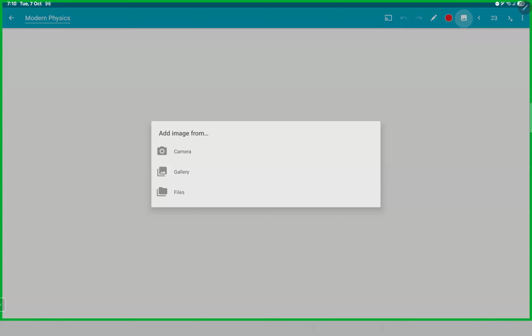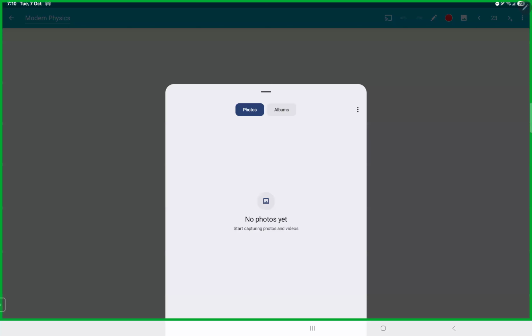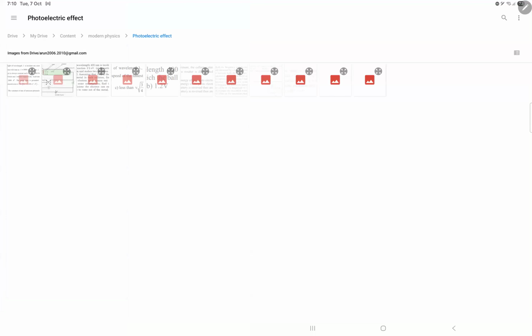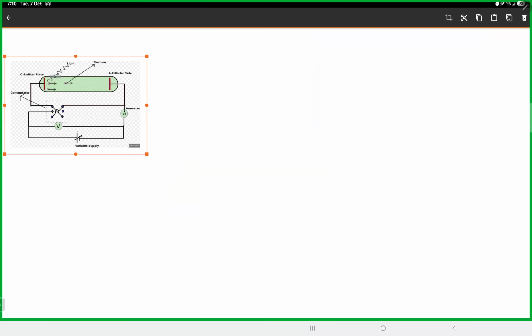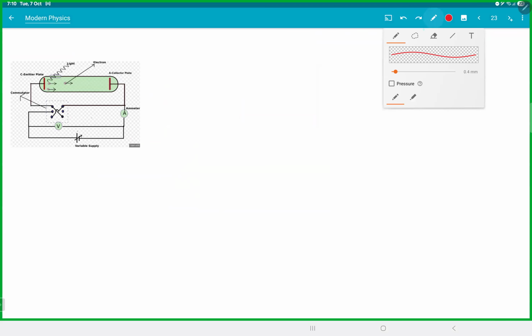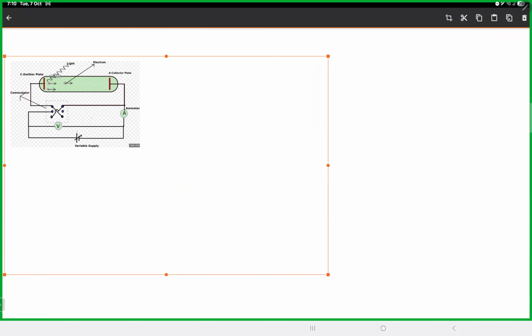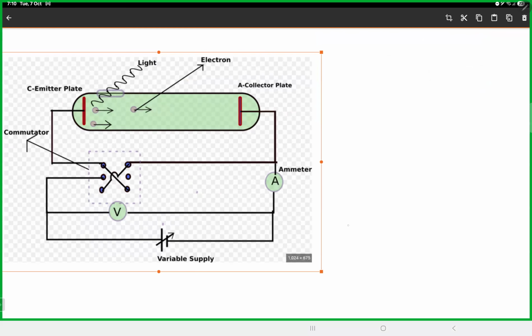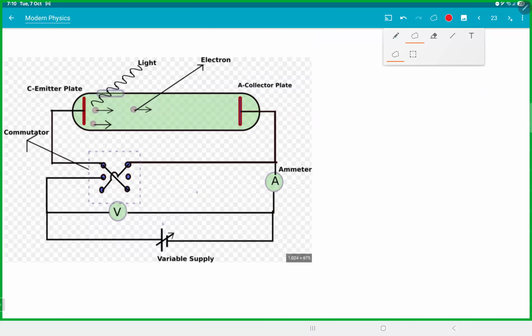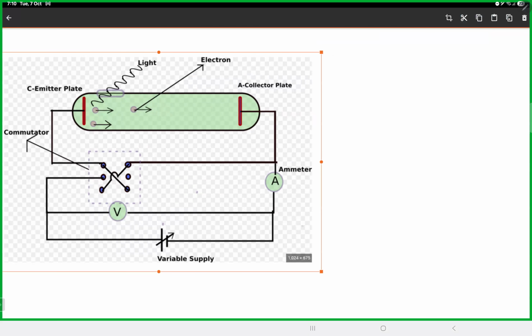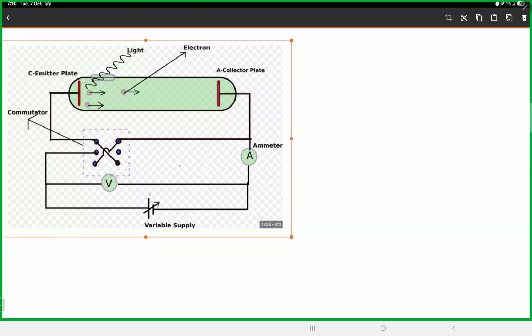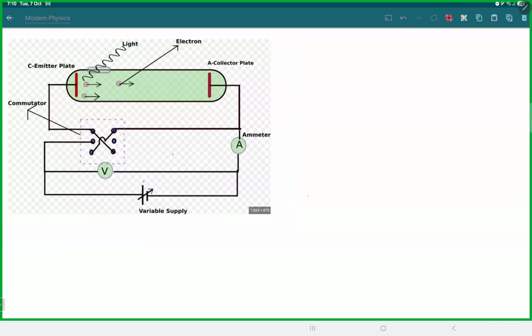Now, if you look at the experiment, this is the setup. Here, this is a variable voltage source, meaning you can change your voltage.